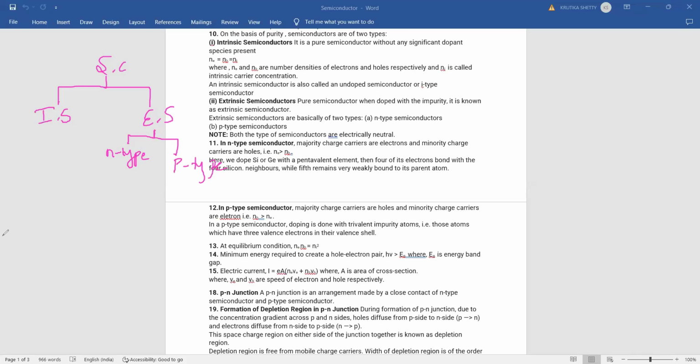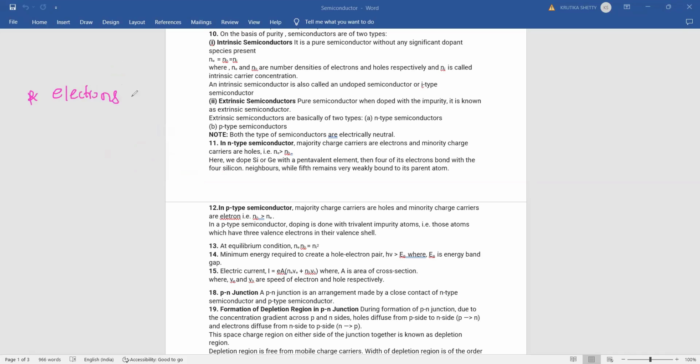So now see how we are getting N-type and P-type. This is a very, very important point, because based on this, you will get a 2 marks question: write the difference between the N-type and the P-type semiconductors. So concentrate here. In case of the N-type semiconductors, we can make some points. The majority charge carriers are electrons.